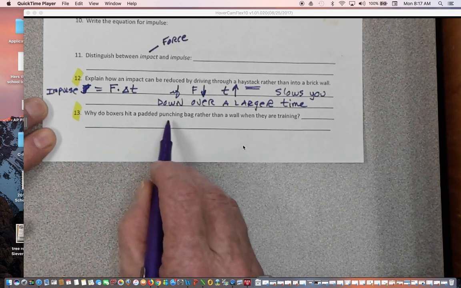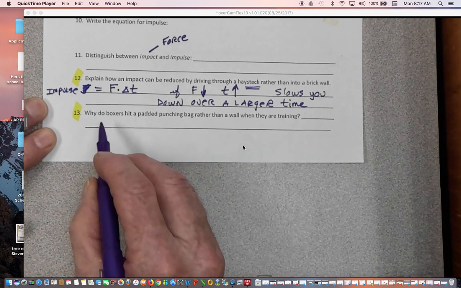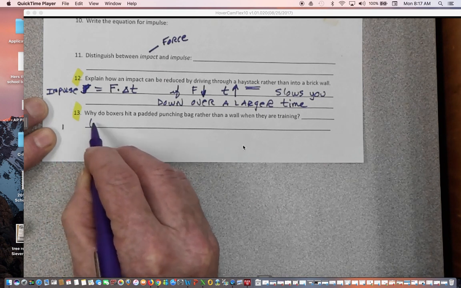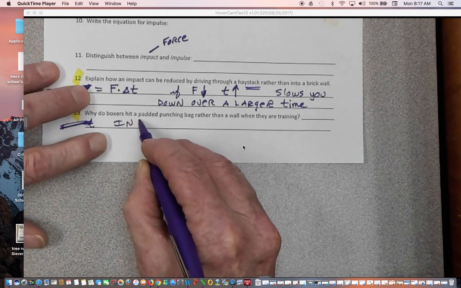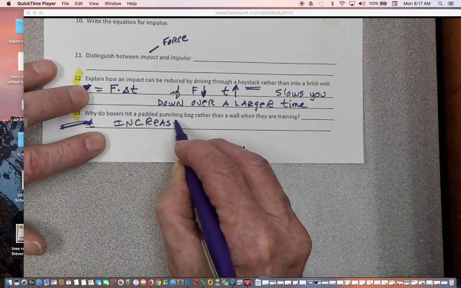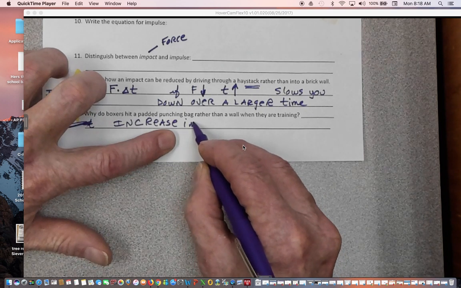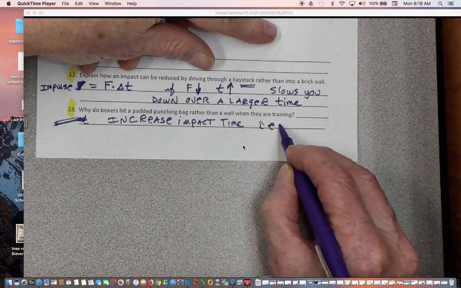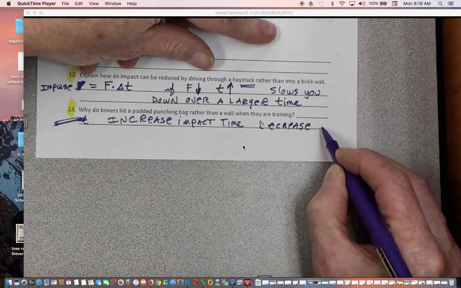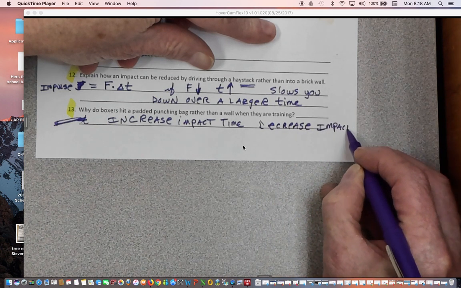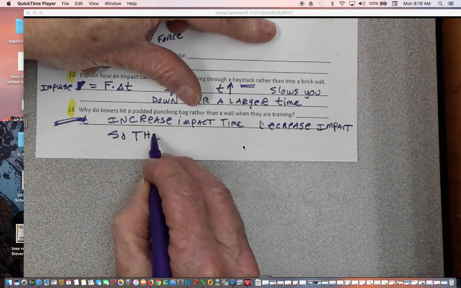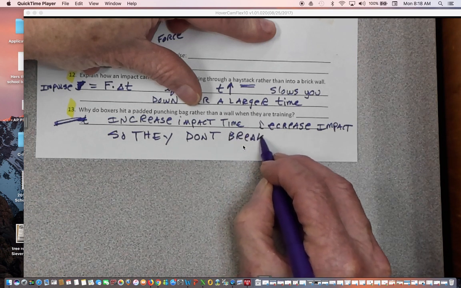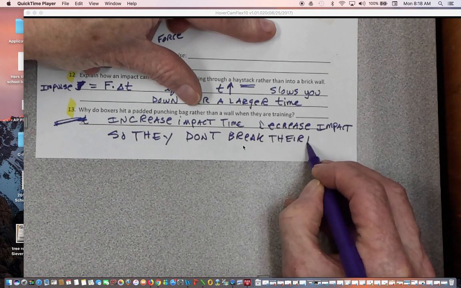Why do boxers hit a padded punching bag rather than a wall when they're training? Well, they increase impact time, which decreases impact, so they don't break their hand.